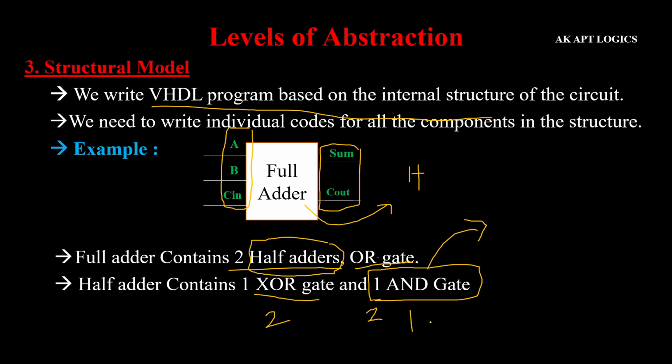Now we write individual code for these three types of gates separately, using any abstraction. You write code for one XOR gate, one AND gate and one OR gate. After writing the code, you use these codes to build the half adder, and then the full adder. This is called the structural model. When I discuss the example with you, you will be able to learn it. Just a second.